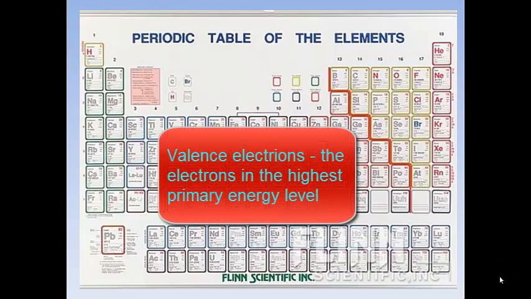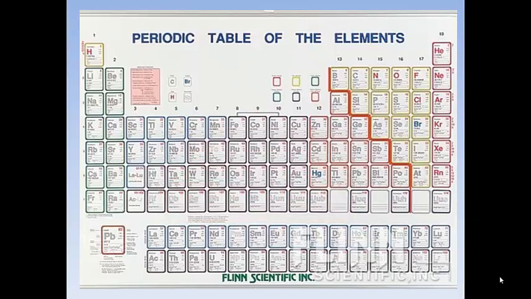Valence electrons are the outermost electrons in the electron configuration, the highest primary energy level. And then you can notice several other things on the table. On periodic tables, elements which are gas at room temperature are in red, liquids are in blue, solids are black, and man-made elements are white with a black outline.